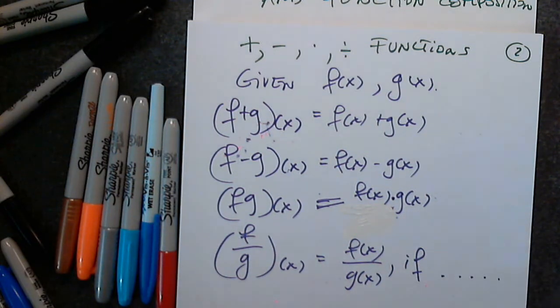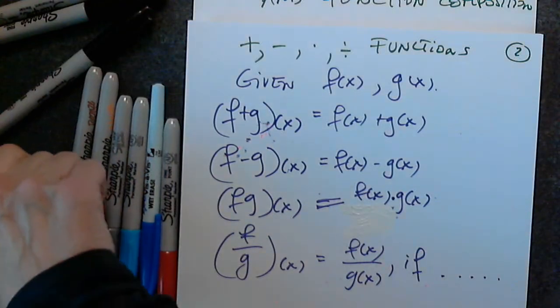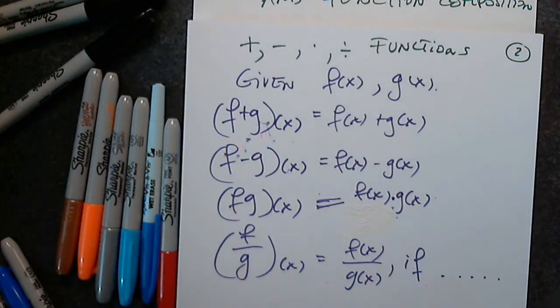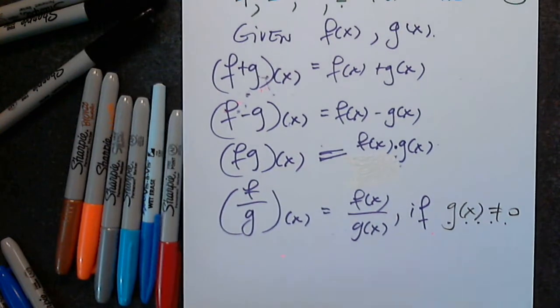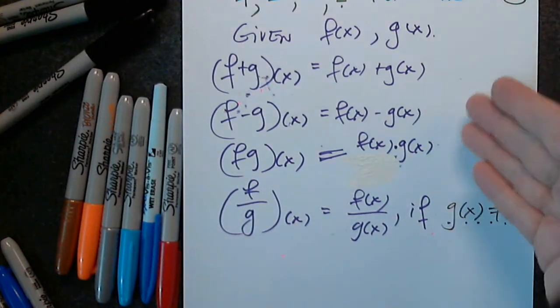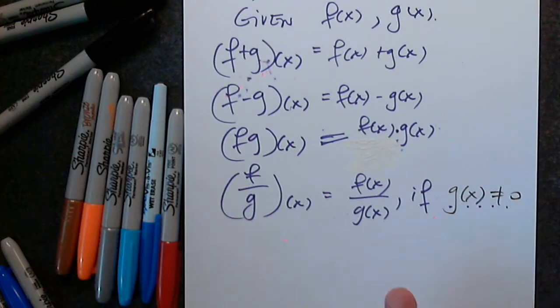We know this. We looked at rational equations. g can't be 0. Of course. g indeed cannot be 0. Whenever the denominator of a fraction is 0, the fraction is undefined. So that's not allowed. I did not write "if" on the other ones, because I'm adding, subtracting, and multiplying.